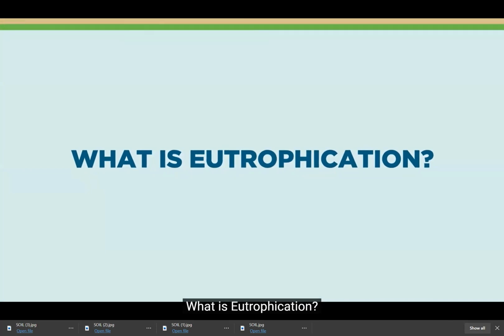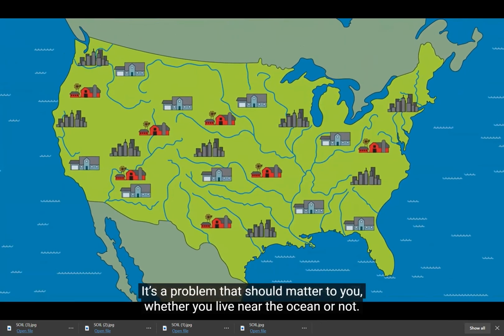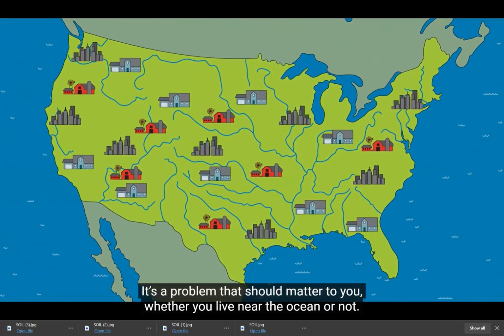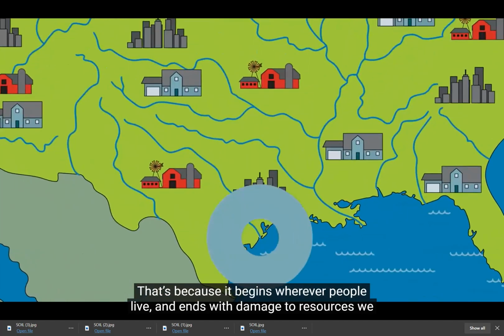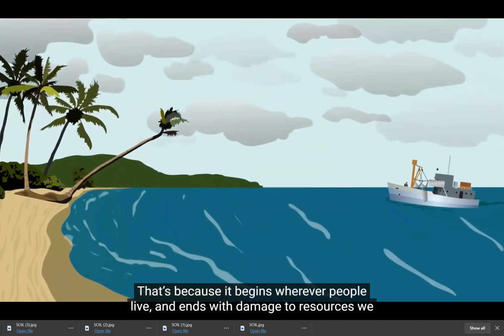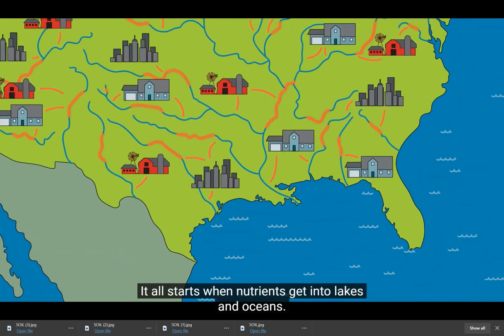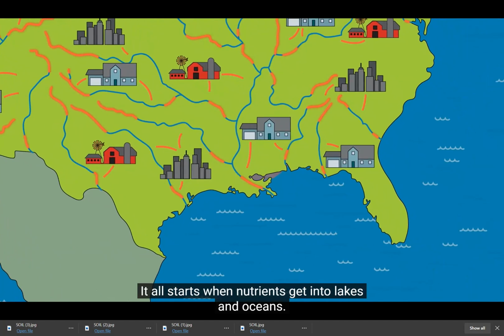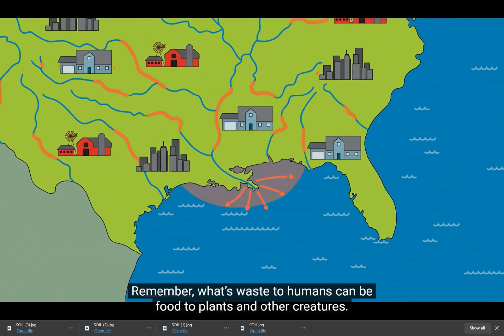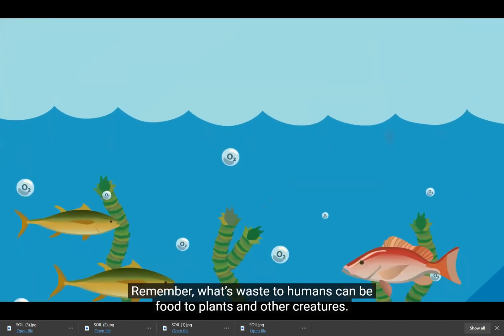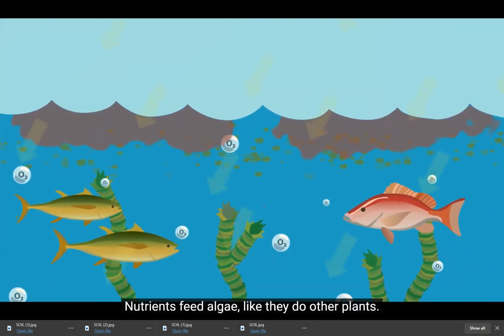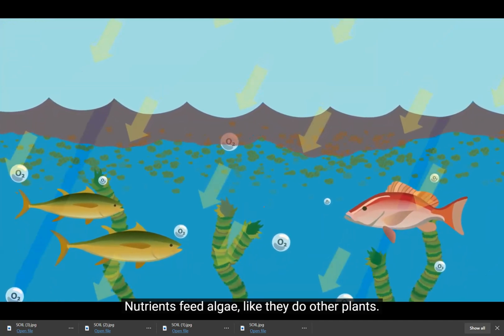What is eutrophication? It's a problem that should matter to you, whether you live near the ocean or not. That's because it begins wherever people live and ends with damage to resources we all use and enjoy. It all starts when nutrients get into lakes and oceans. Remember, what's waste to humans can be food to plants and other creatures. Nutrients feed algae like they do other plants.